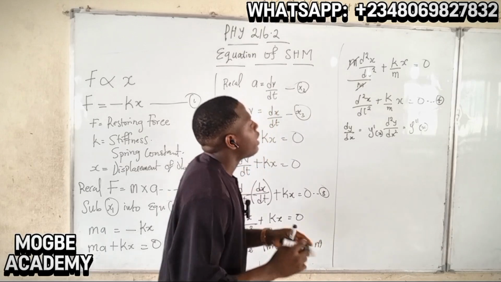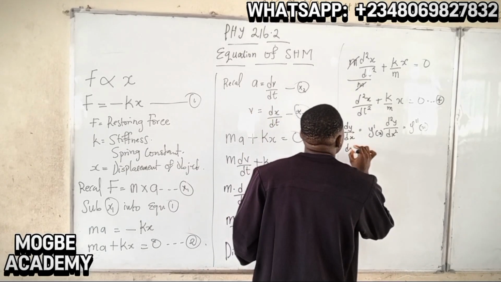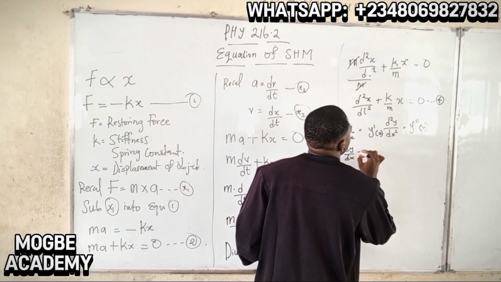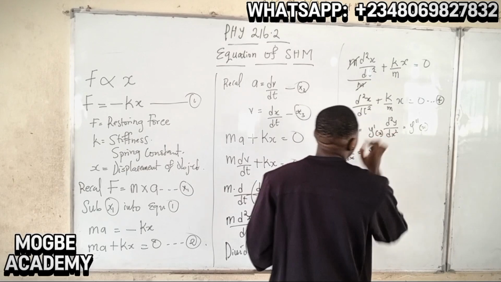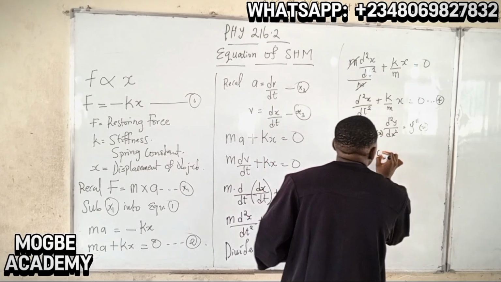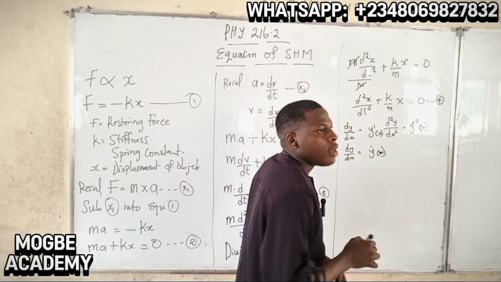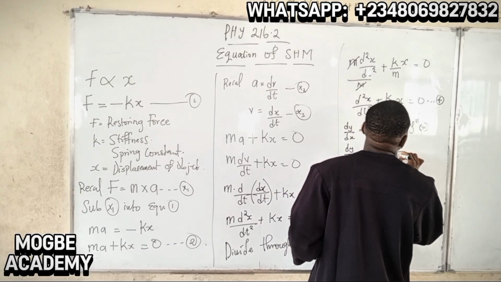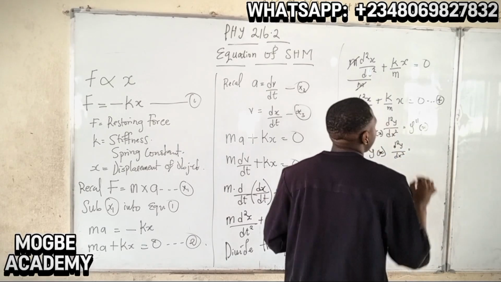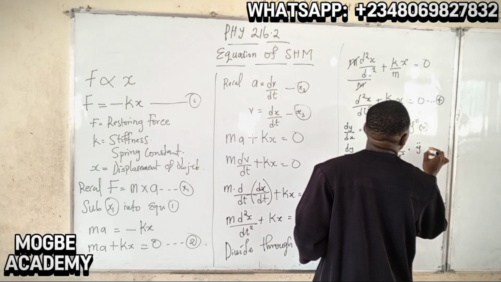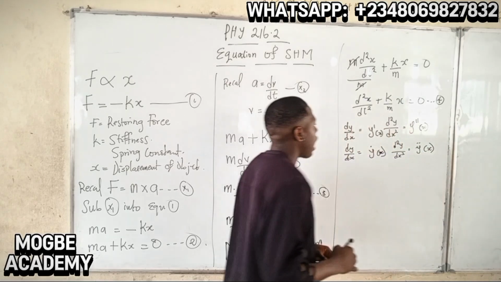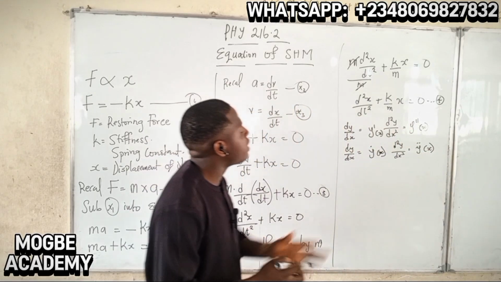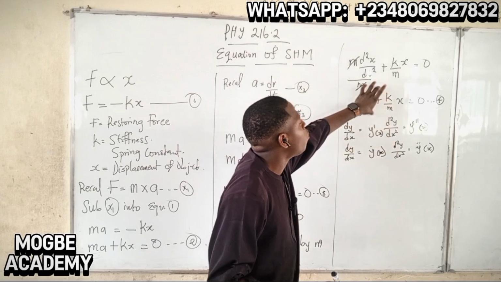Are we together? I also rewrite this as dy over dx is equal to y dot of x. Now for the second differential, when we have d square y over dx square, this can be written as y double dot of x.